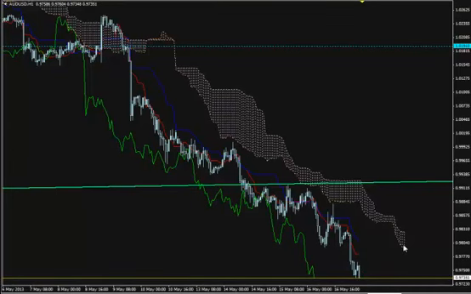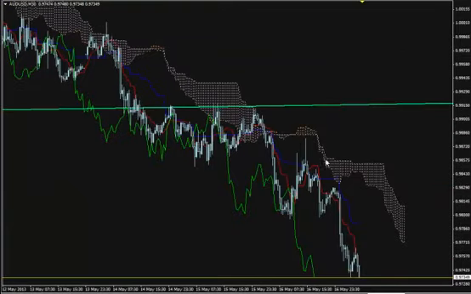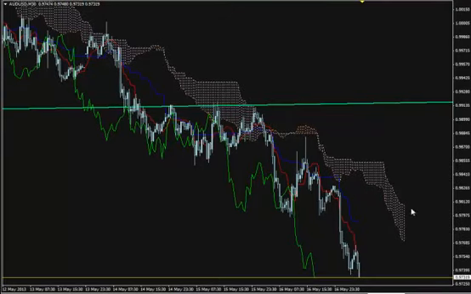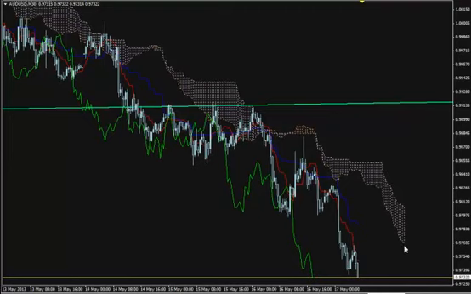So we have a 100% bearish environment. 100% bearish environment on the M30 chart as well. Chikou Span, the green line, going straight down. Tenkan-sen going down, Kijun-sen down, leading Kumo having a sharp edge, and price keeps moving down.